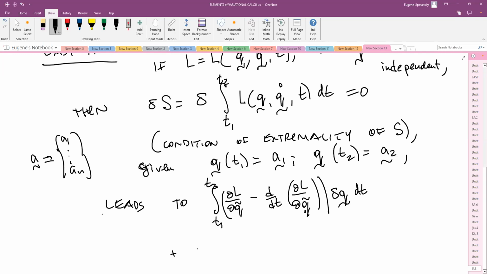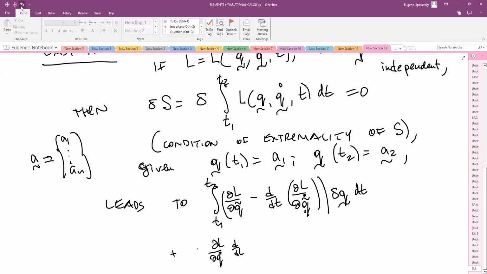So it has to be the other way around, plus dL over dQ dot times d over dt of delta Q. No, so times delta Q. I think that's what it is, right?